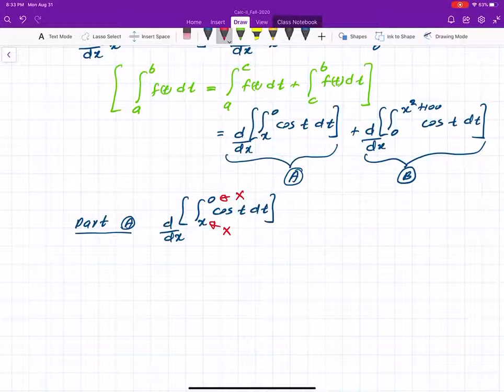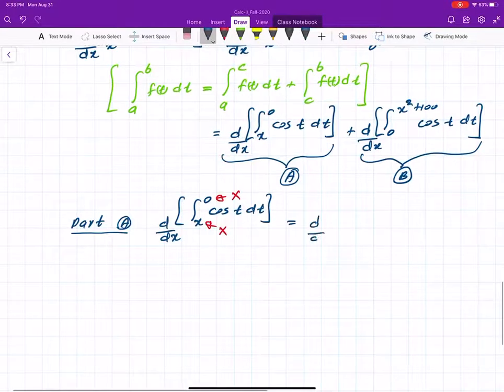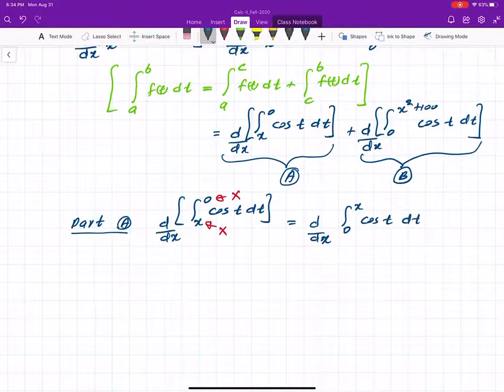Now you have to arrange the lower and upper limits. The trick that you could use here is to just switch the limits. Once you switch the limits, you could write this as 0 to x of cos t dt. Since you switched the limits, you have to introduce a negative sign.